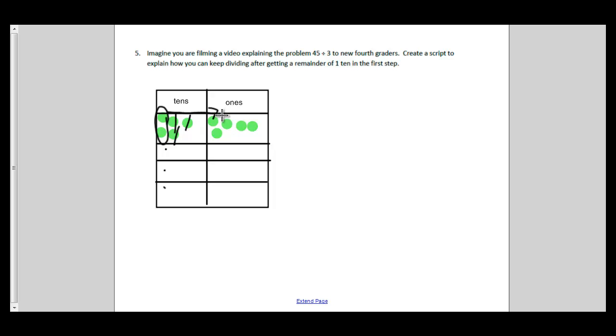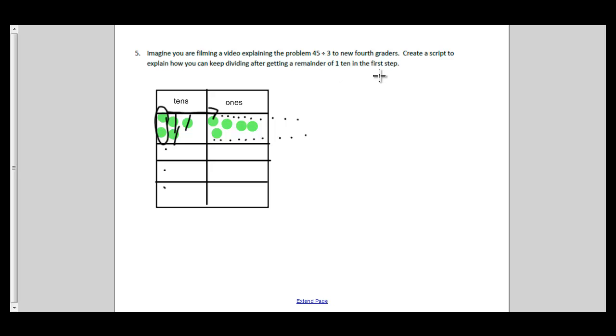So it's going to be 1, 2, 3, 4, 5, 6, 7, 8, 9, 10. It kind of ran out of the box a little bit. I'd rather it run out of the box a little bit than get so smashed up that I can't count them. 1, 2, 3, 4, 5, 6, 7, 8, 9, 10. So now I've got 25 ones.